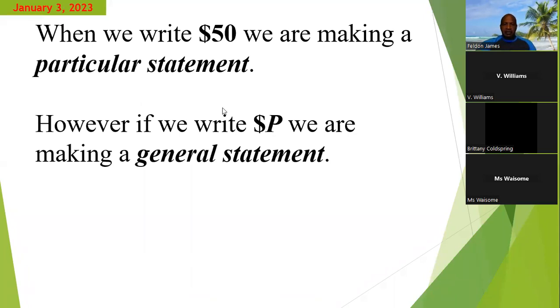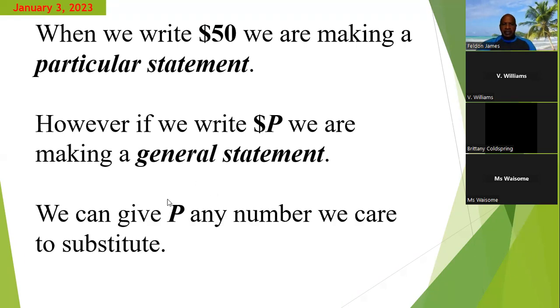Because of that, we say that P makes a general statement, right? So general here means that P can take any value we choose to assign to it, or P can represent any value that we choose, all right? So we can give P any number we care to substitute.